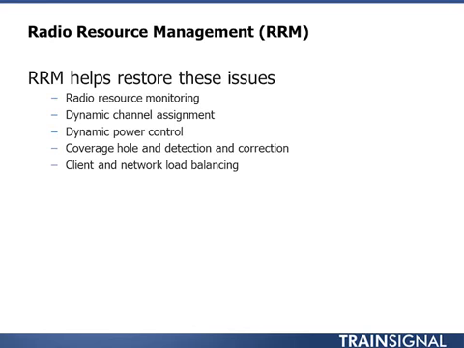So let me step through the 5 key features of Radio Resource Management on a Cisco access point. The first one is radio resource monitoring. So the access point literally will stop communicating with clients and will start scanning the channel.